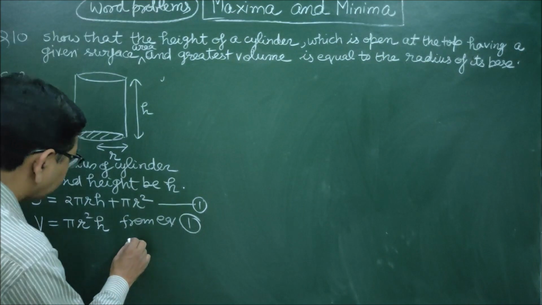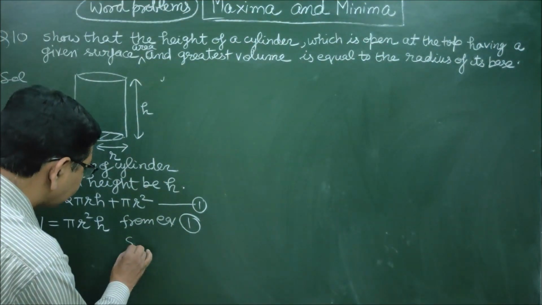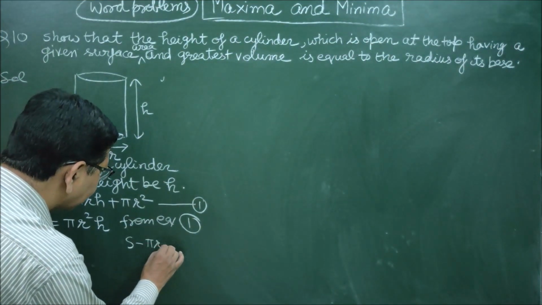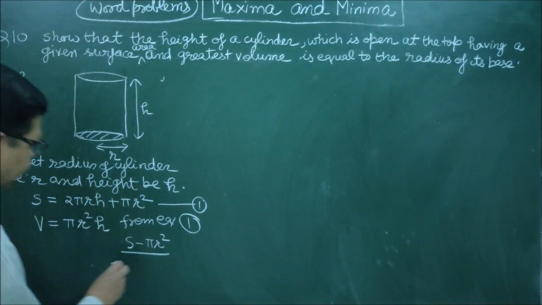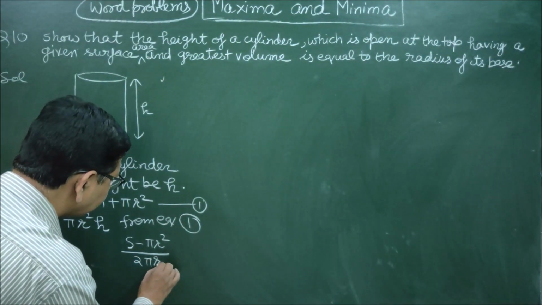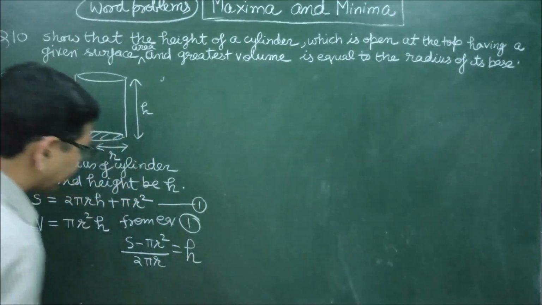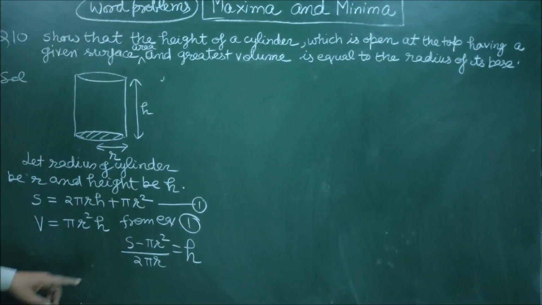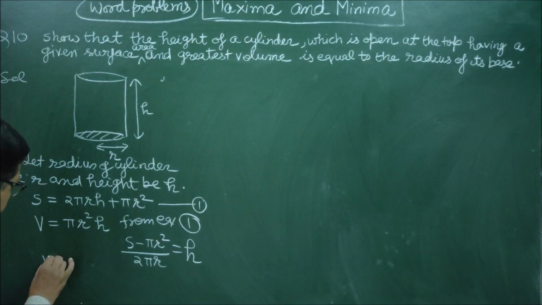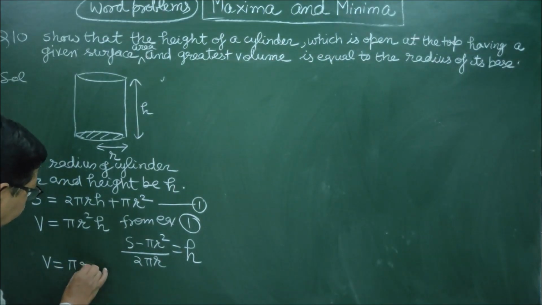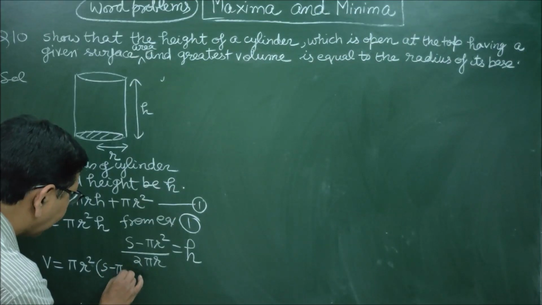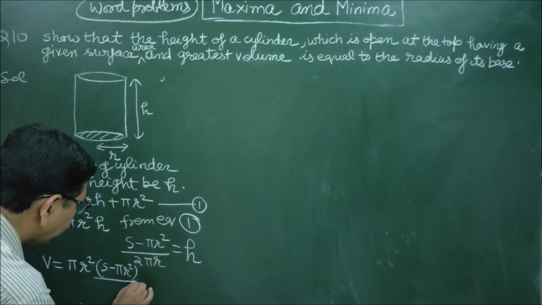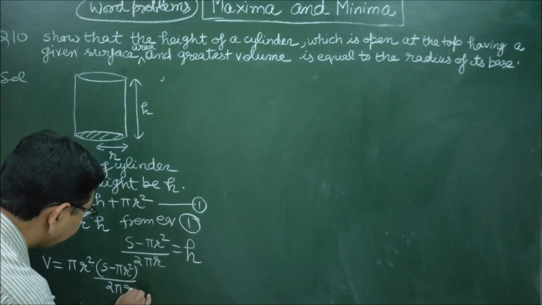So h is equal to S minus pi r square upon 2 pi r. So putting the value of h here, volume V will be equal to pi r square into S minus pi r square upon 2 pi r.